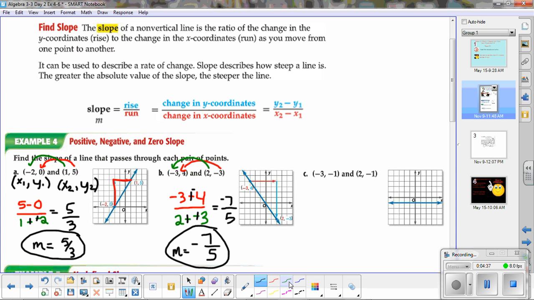Now in our next example, y2 minus y1, so -1 minus -1 over 2 minus -3.